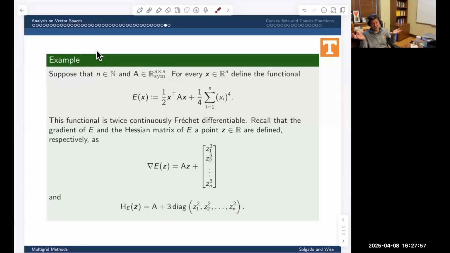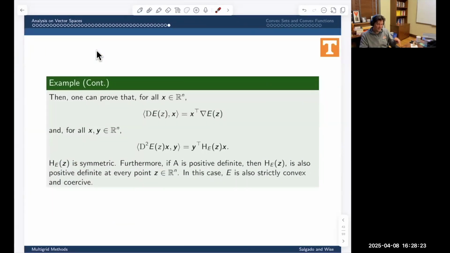Every diagonal matrix is clearly symmetric. The fact that it's positive semi-definite just follows from the fact that all the diagonal entries are greater than or equal to 0. And of course, the 3 out front means we scale all the elements by multiplying by 3. And of course, if I take 2 symmetric matrices and add them to each other, I get a symmetric matrix.